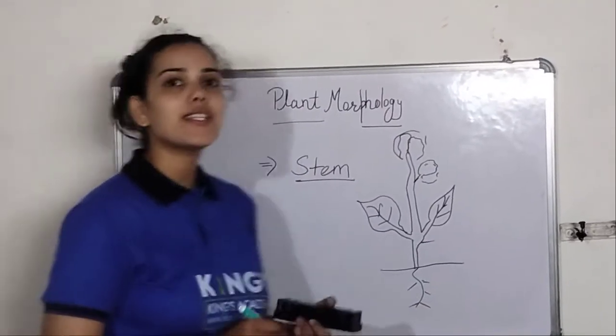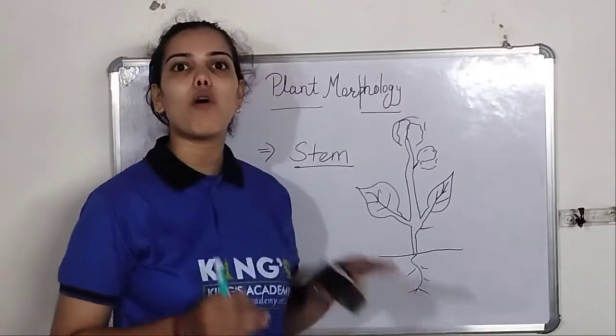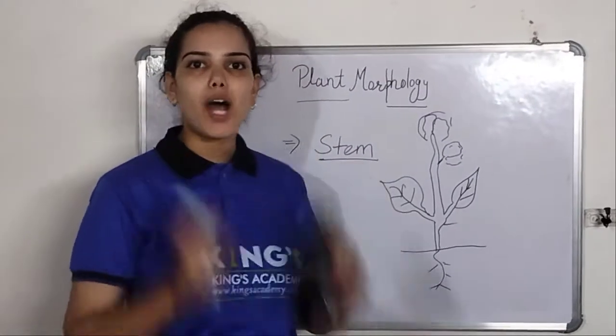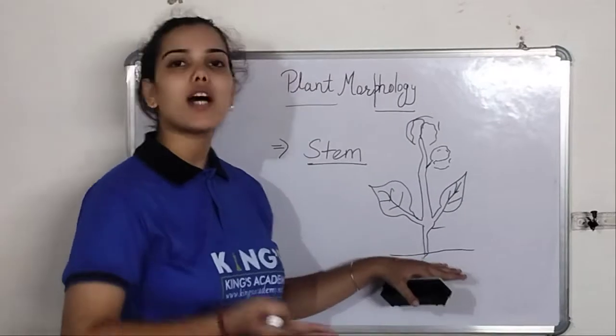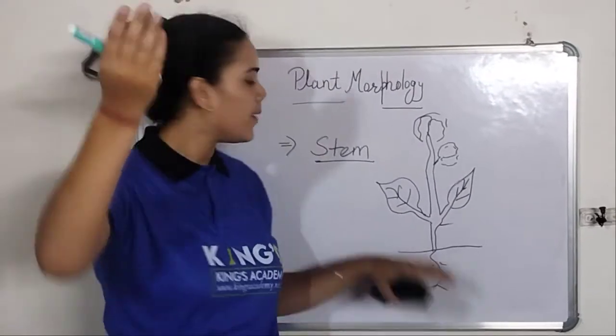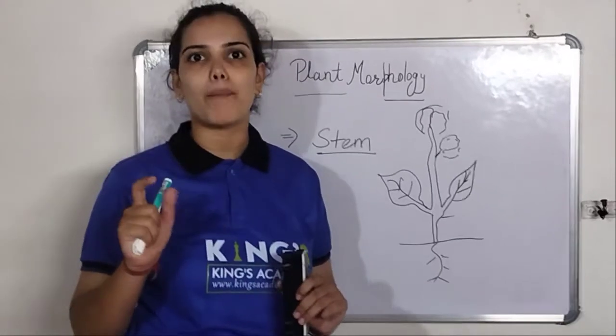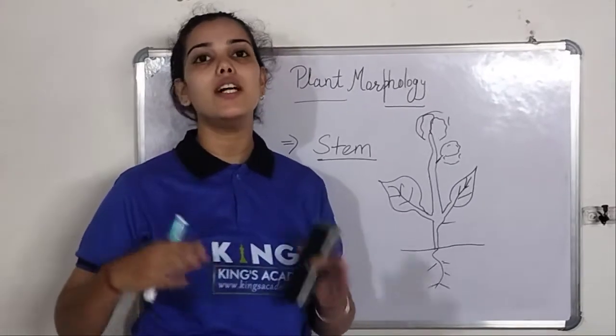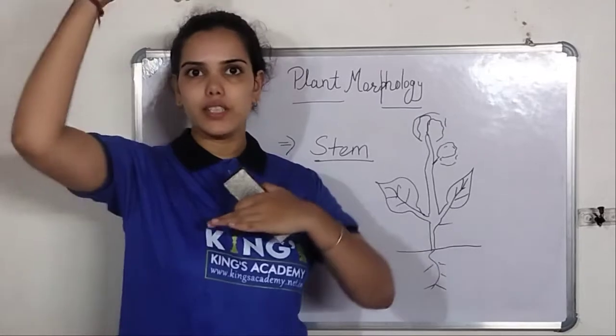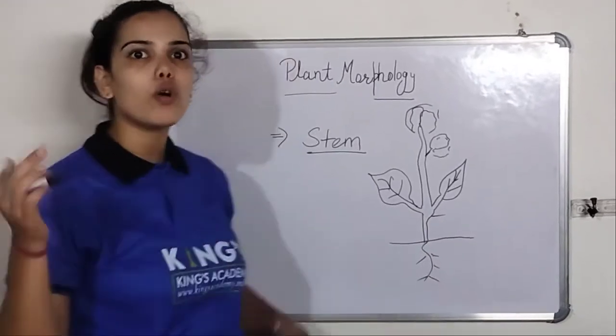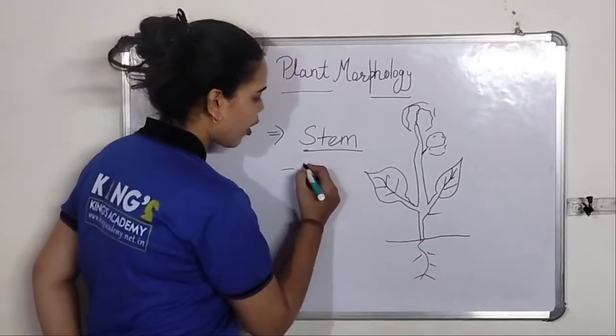So which means that stem is the part of the plant which grows upwards over the soil, right? So this is known as stem, and stem shows positive geotropism, which means it grows over the surface of the soil, and it also shows photoperiodism.